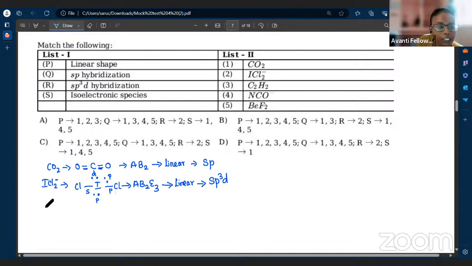Now moving on to C2H2. C2H2 is acetylene, which is CH triple bond CH. It is linear and sp hybridization. And moving on to NCO minus.